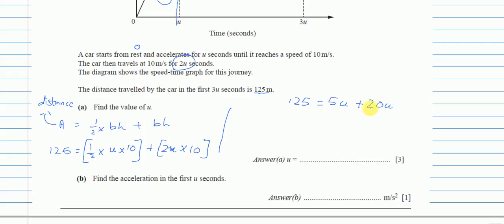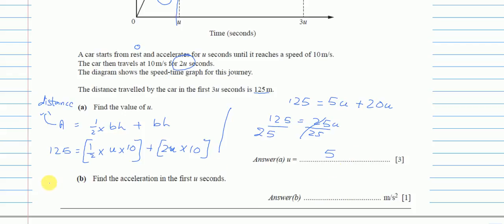So this will be 25u. So 125 equals 25u, and to remove this 25 I will divide by 25 on both sides. I will have 125 divided by 25 equals 5, which equals u.